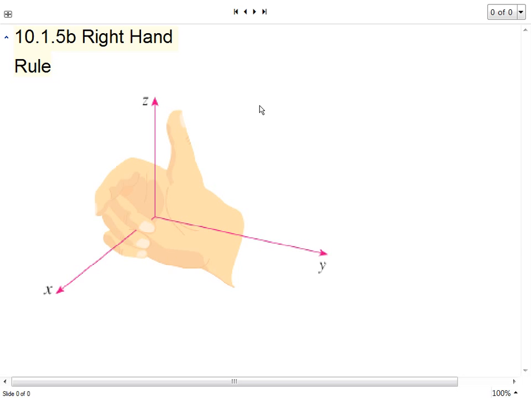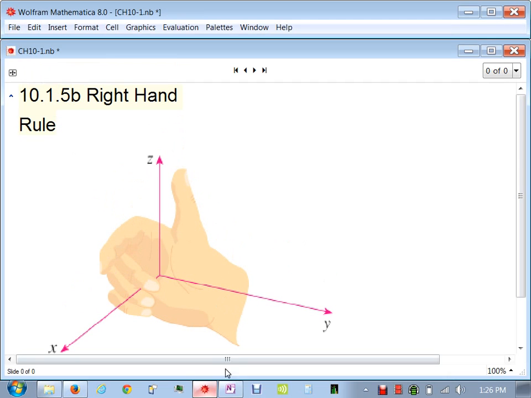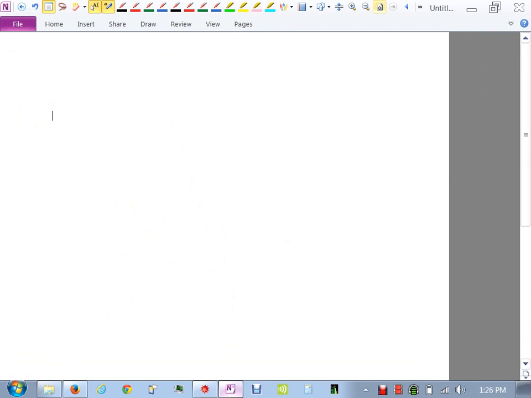So let me give you an example. I'm going to draw something here, and you tell me if this follows the right-hand rule or not. So how about this? Does that follow the right-hand rule or not?